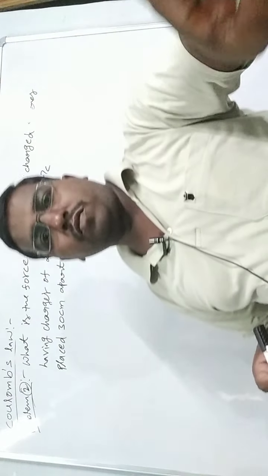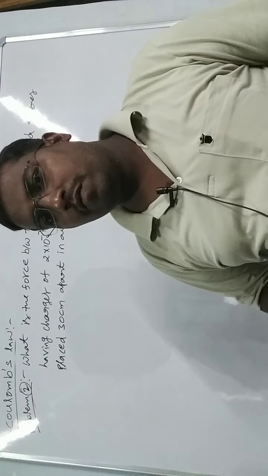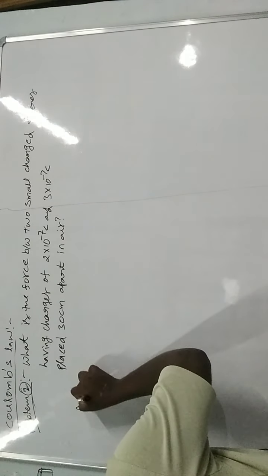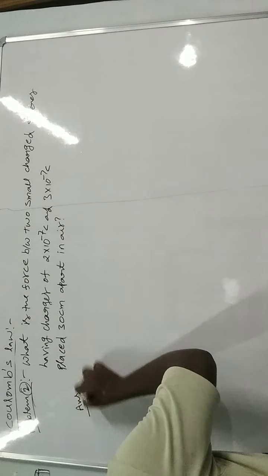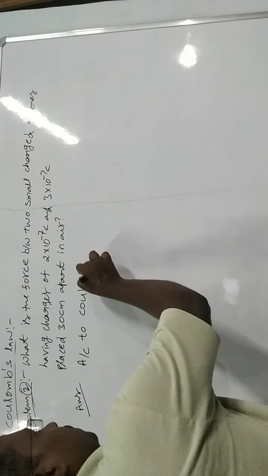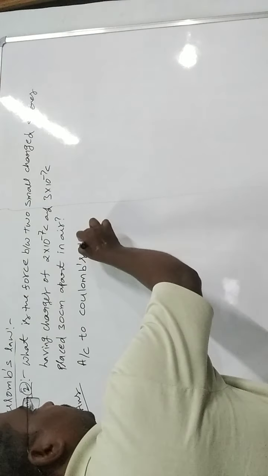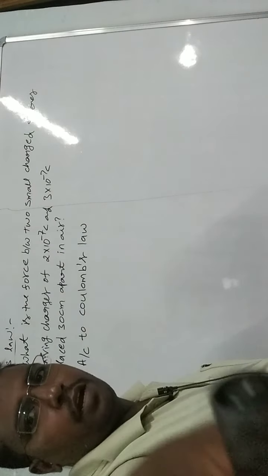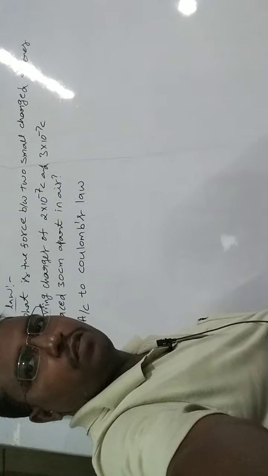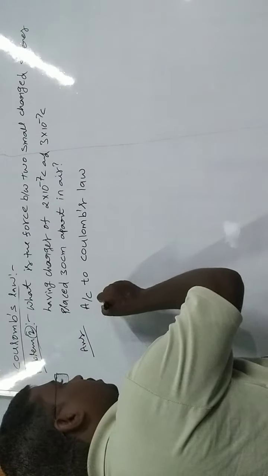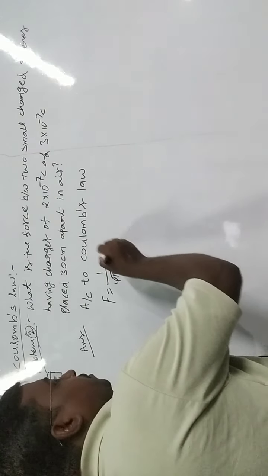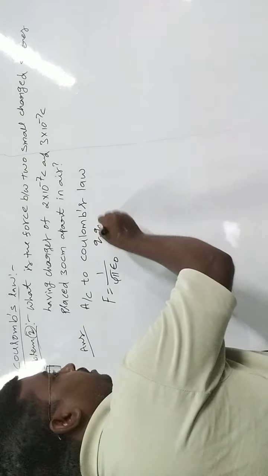Okay. So, this is the Coulomb's law formula. What is the Coulomb's law formula? According to Coulomb's law, the force of attraction or repulsion between these two charges is given by the formula F equal to 1 by 4 pi epsilon naught into Q1 Q2 by R square.